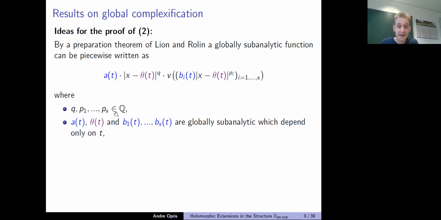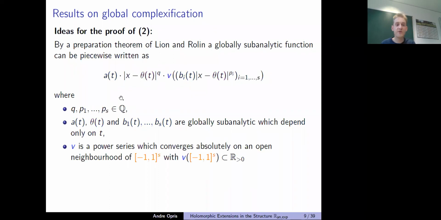The next one is that this V is a power series which converges absolutely on an open neighborhood of this hypercube. This power series is away from 0 and away from infinity. And the components of the power series are contained in the interval [-1, 1]. And this x is a single variable, so this is very important.